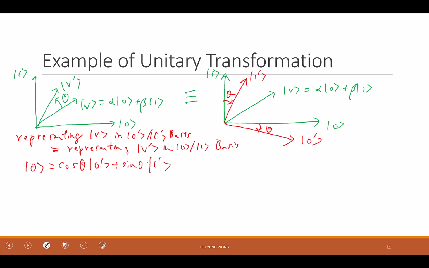Because when we have the 0, I'm talking about this 0, it is equal to cosine theta of 0 dash and then sine theta of 1 dash. Okay, hold on, let me see.